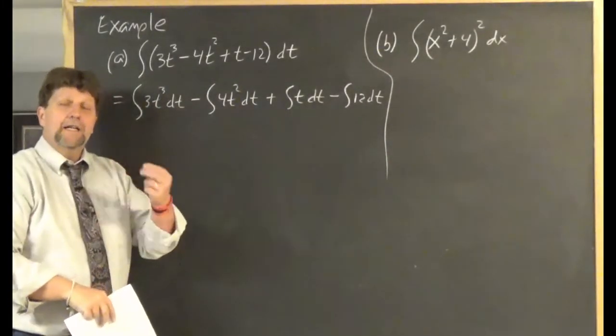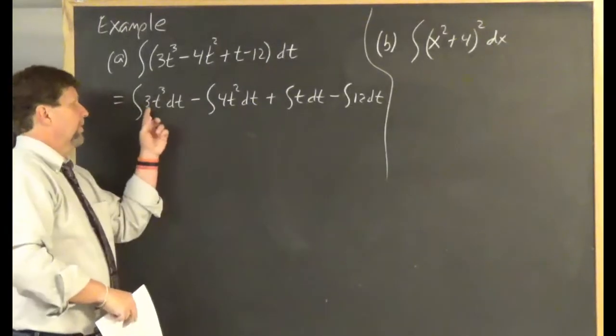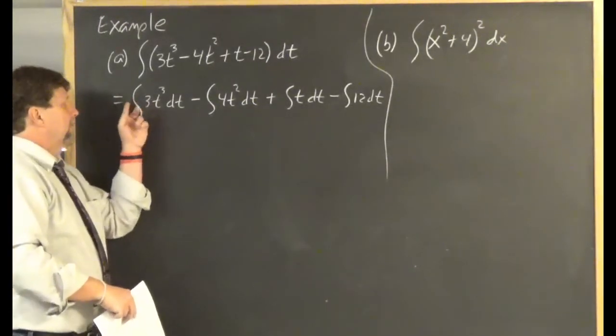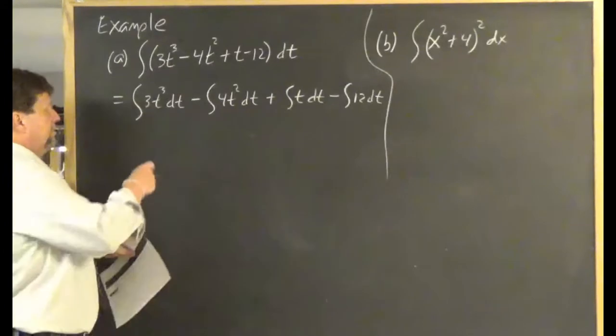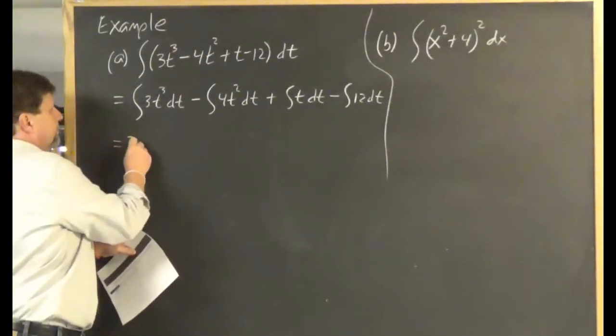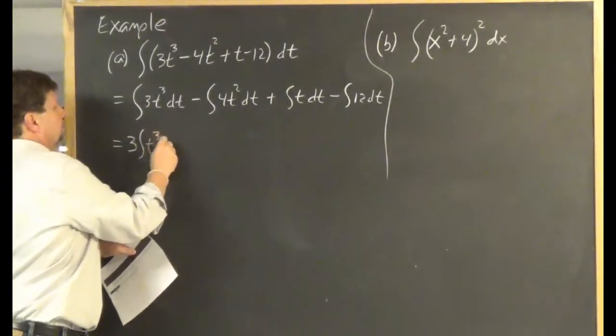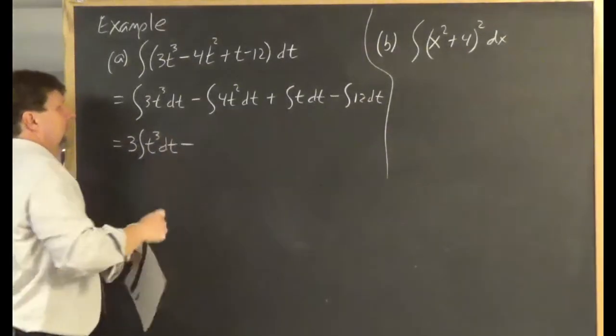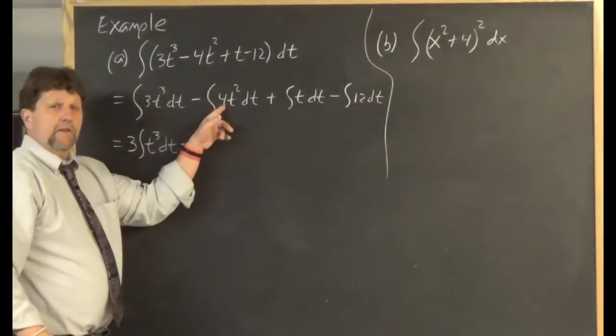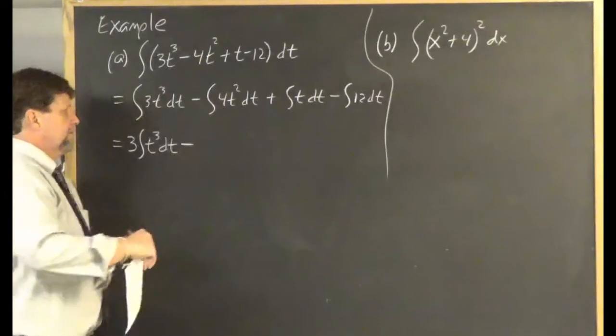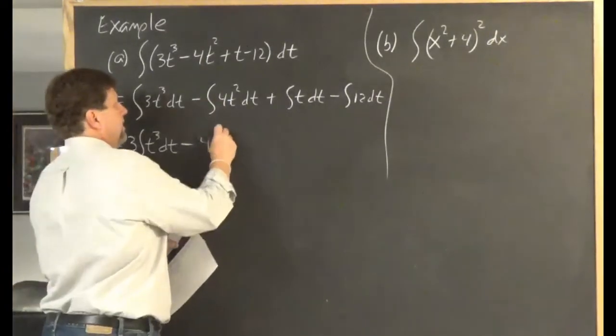Now to use the constant multiple rule. 3 is a constant, so I can rip the 3 out front of the integral sign. So let me do that. Four is a constant, so I can rip 4 out front of this integral sign. So let me do that.